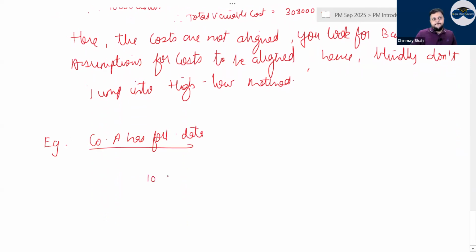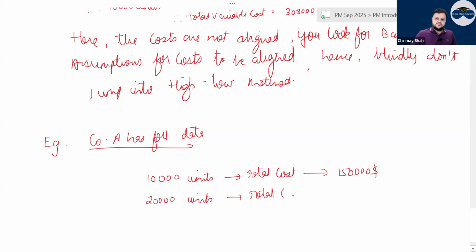Right. 10,000 units. Total cost $150,000. $270,000. 360, 390.